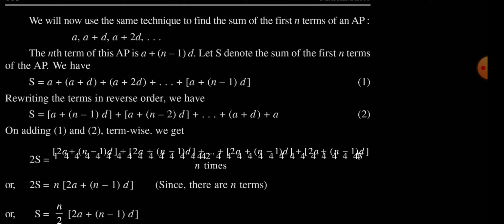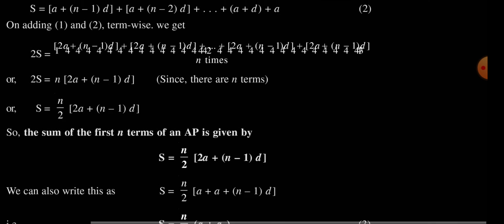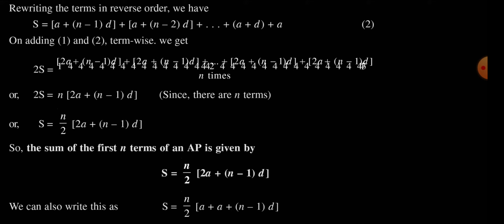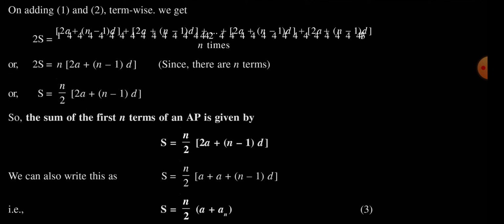On adding the first and second equations, we get 2S equals (2a plus (n minus 1)d) plus (2a plus (n minus 1)d) plus up to (2a plus (n minus 1)d) plus (2a plus (n minus 1)d), n times.